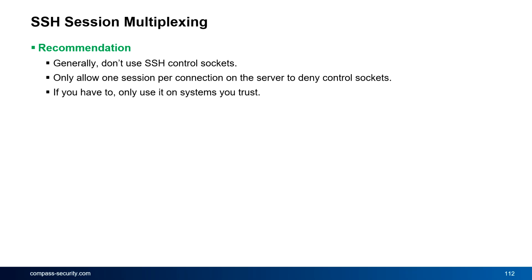But this means you also lose the performance improvement because you don't use the session multiplexing feature. So if you still have to use this feature because of performance, then only use it on systems you really trust and not on systems where other users have access, so that you don't expose the socket to these other users.